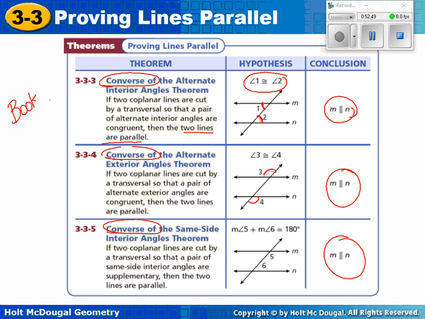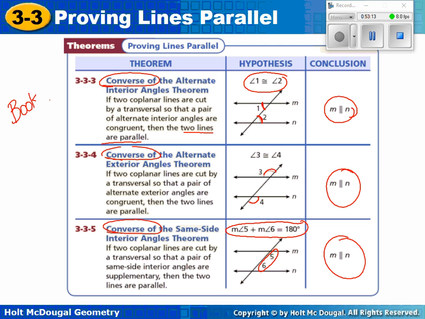This one's a little different. What kind of angles are 5 and 6? Same side interior, and they don't mark them congruent. They tell you that they add to be 180, which means they are supplementary. And so if the same side are supplementary, then the lines are parallel. And it's still converse of the same side interior angle theorem.